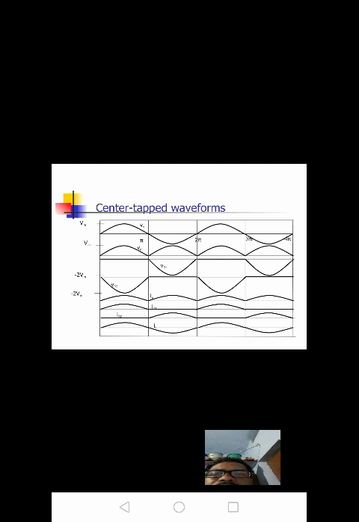When VD1 is conducting, it will follow the output voltage. At that time, negative voltage appears from pi to 2 pi.